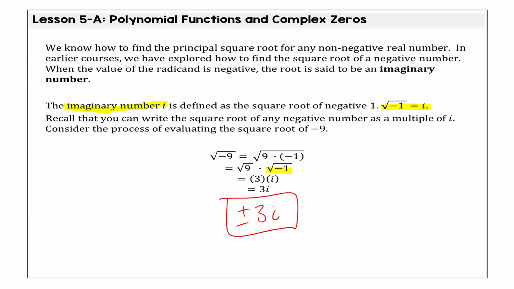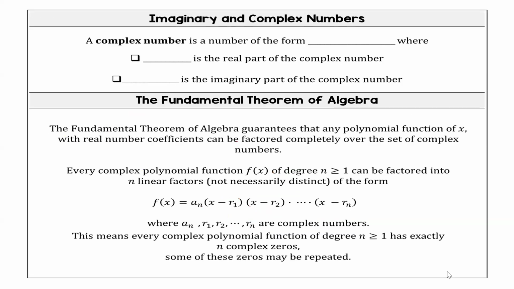The square root of negative 9 equals plus or minus 3i. Perfect. So are we comfortable with the basic idea of imaginary numbers coming from the square root of a negative? Yes? All right. Let's dive a little deeper.